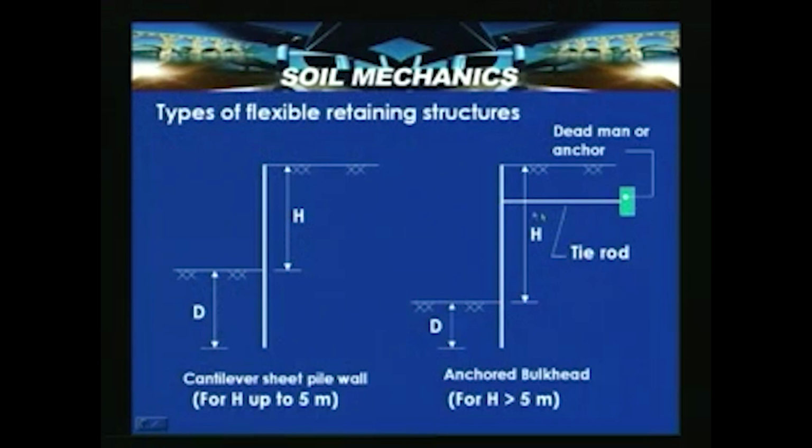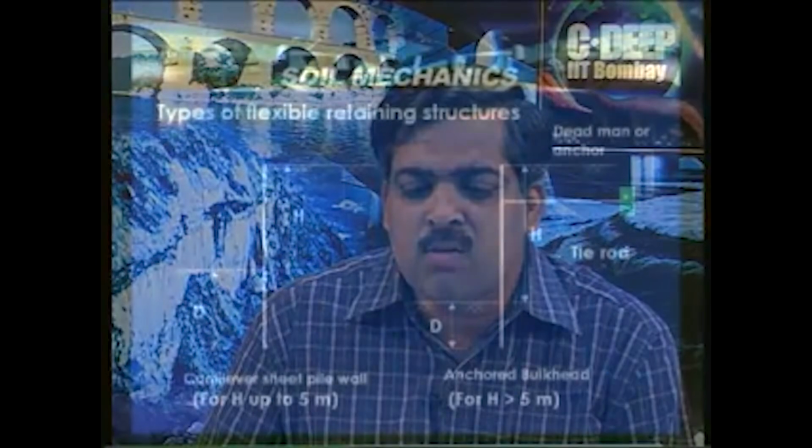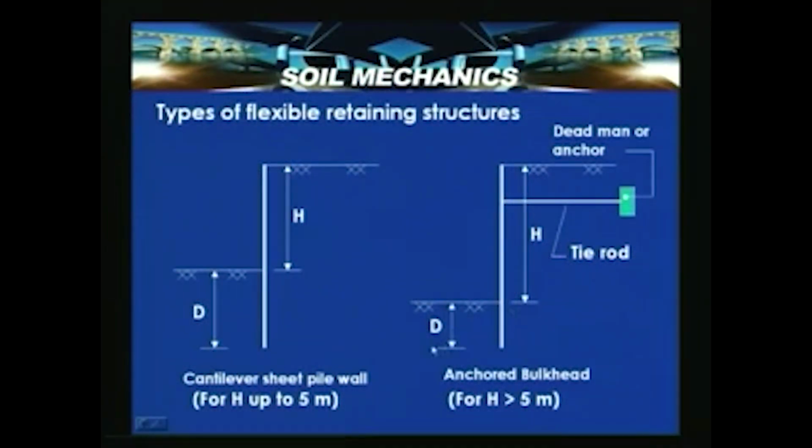This portion is called the tie rod. High tensile tie rods up to 100 mm diameter are also used in practice. Here also H is the retaining height and D is the embedded depth.